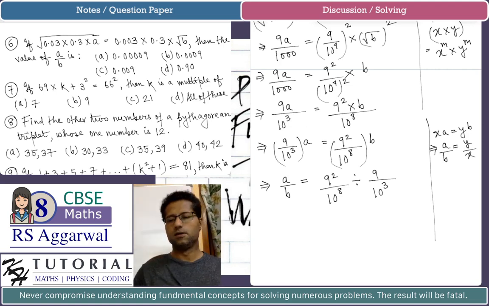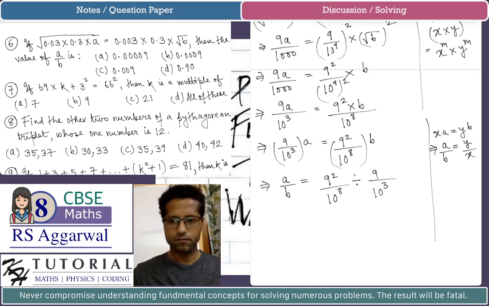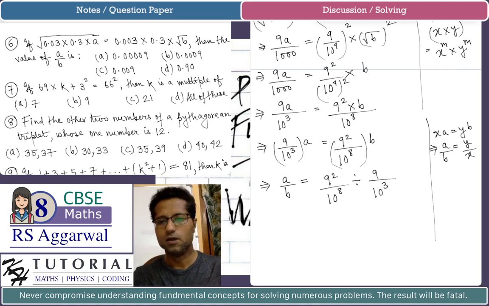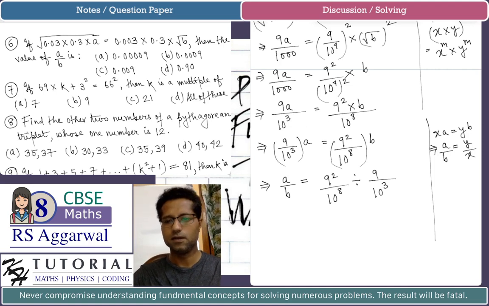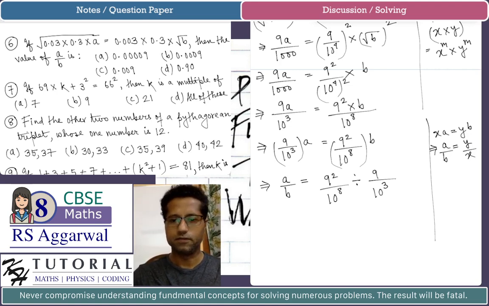You can say this a by b is equal to y by x. So similarly in this problem we can say a by b is equal to 9 square by 10 to the power 8, which was the coefficient of b on the right hand side, divided by 9 by 10 to the power cube, which was the coefficient of a on the left hand side.